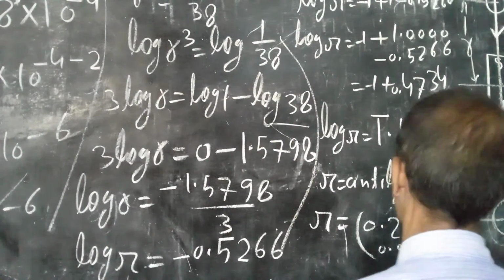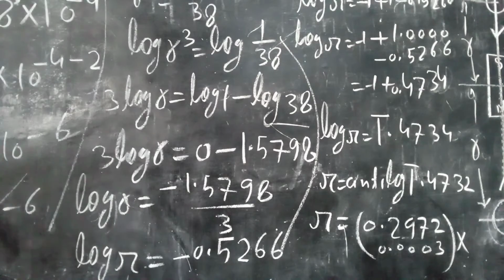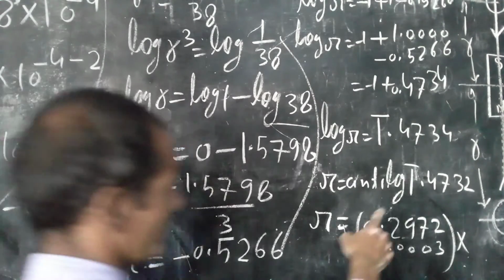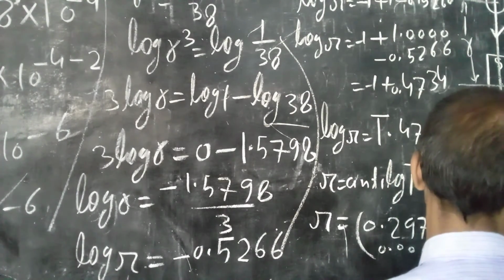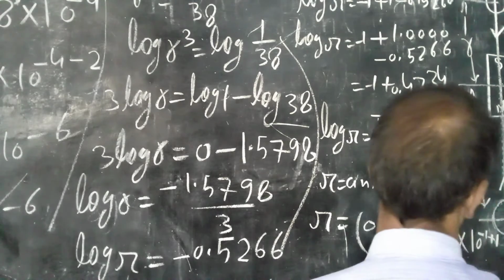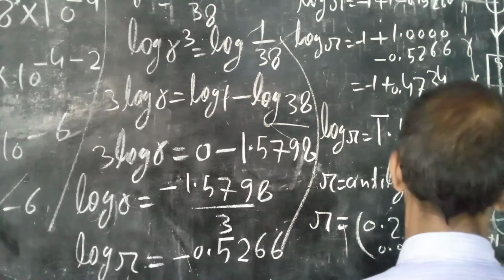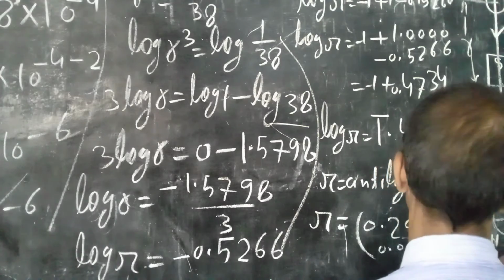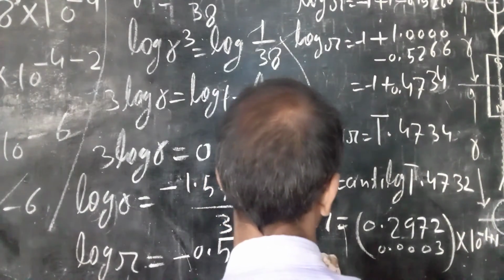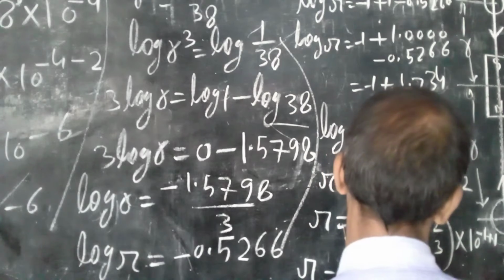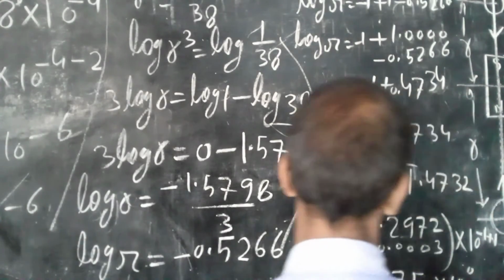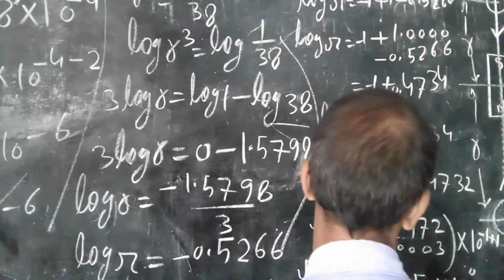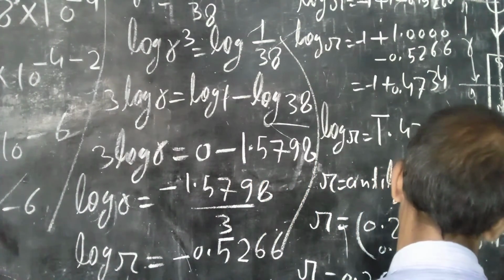This is your decimal part. Now we write the integer. The integer is more than 1 from the characteristic. So your characteristic is minus 1, so write minus 1 plus 1 here, because the integer is more than 1 from the characteristic. Current index is minus 1, so minus 1 plus 1. So r is equal to 0.2975 into 10 raised to power 0. 10 raised to power 0 is 1. So r is 0.2975 meter.